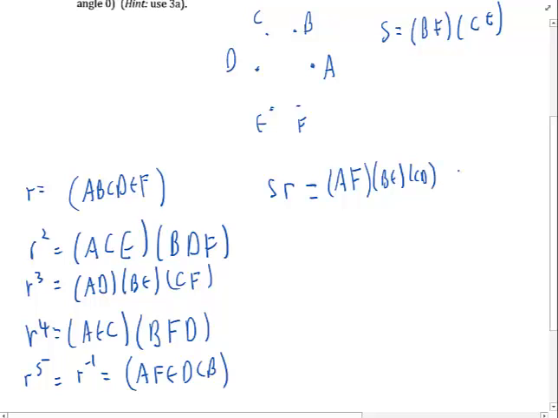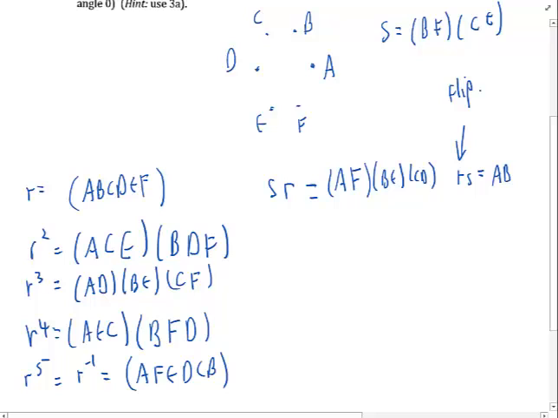Okay, and then we can look at RS. RS means I do S first and then R. Now, if you look at this, S doesn't take A to anything, and R takes A to B. So RS is going to start with A to B, but we know that RS is a flip. It's not a rotation, because rotations multiplied by rotations are rotations, but rotations multiplied by flips are flips.